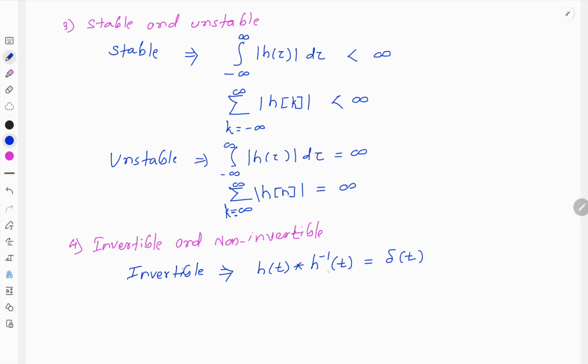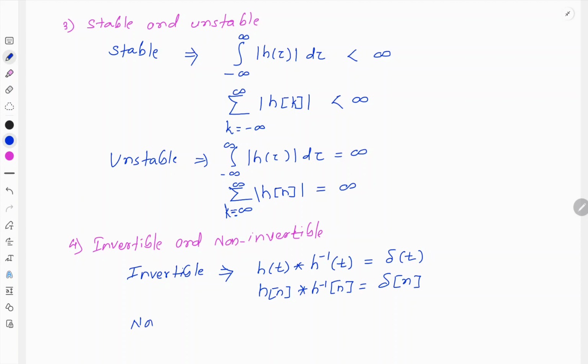If such an inverse of the impulse response is available, such systems are said to be invertible systems. Similarly, in the discrete domain, h of n convolved with h inverse of n will give us delta of n.